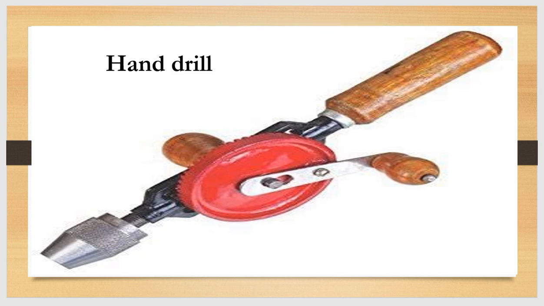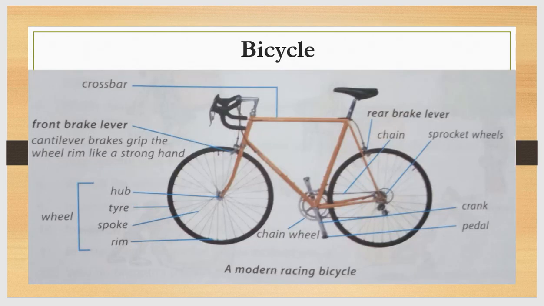A bicycle. This is a modern racing bicycle. A bicycle uses a kind of pulley system with a chain instead of a rope to carry the force on the pedals to the back wheel. This is the back wheel. This is the pedal. These are the handles. This is the front wheel.